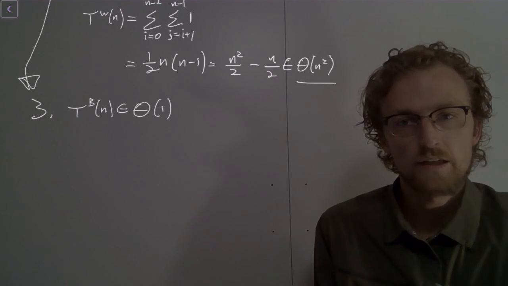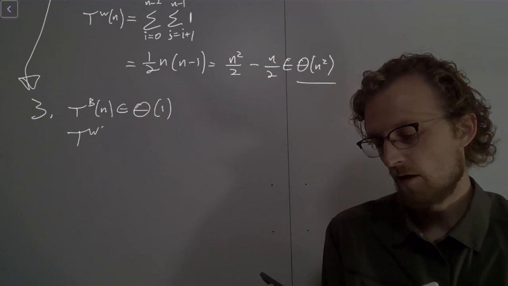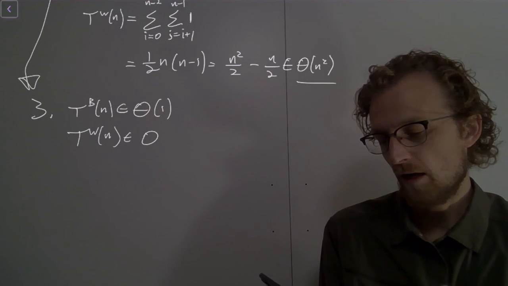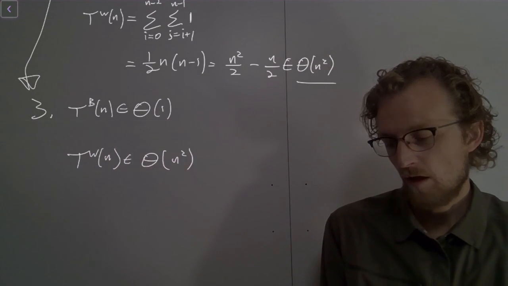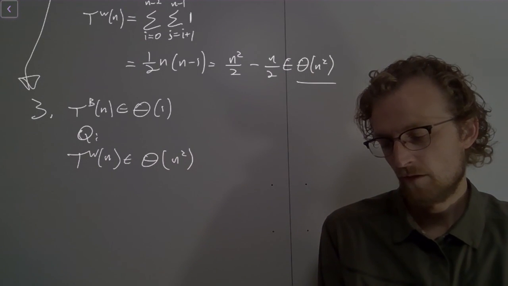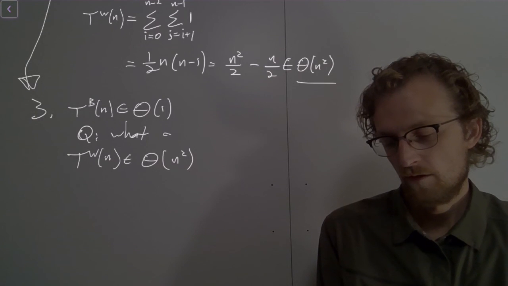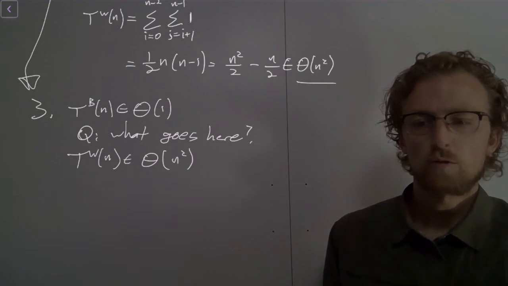It doesn't depend on the size of the input. And then T worst of n is big theta of n squared. So these are two extremes. The question is, what goes here? And that's what we'll address next time.